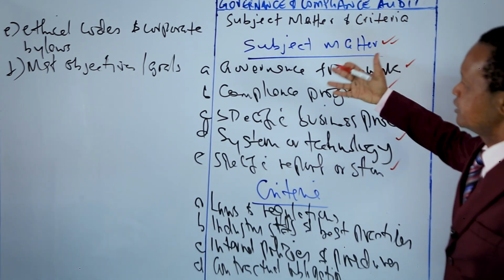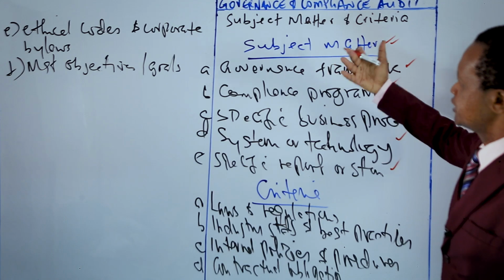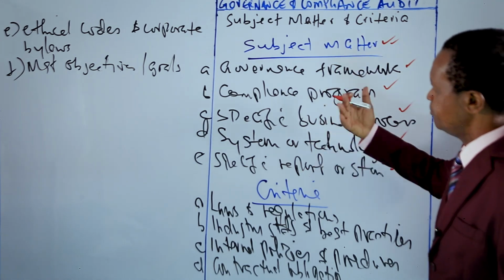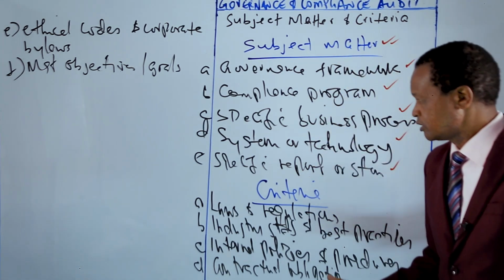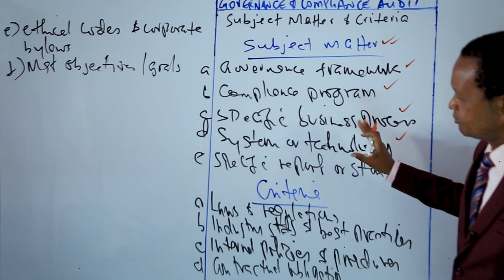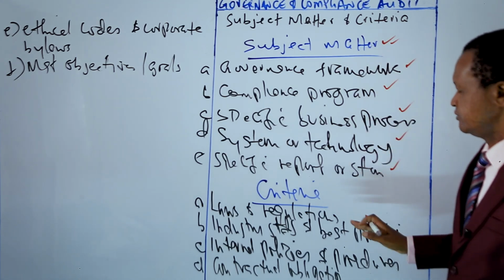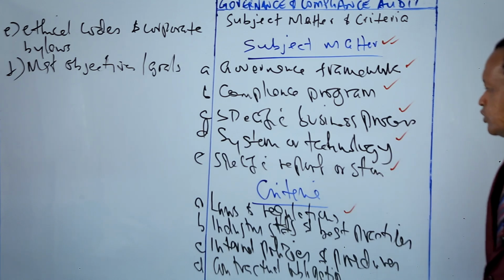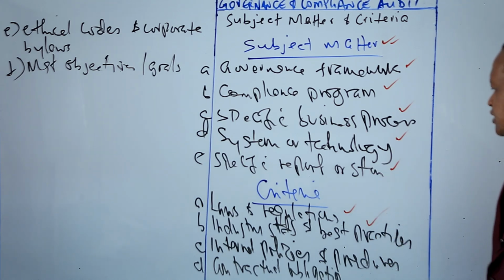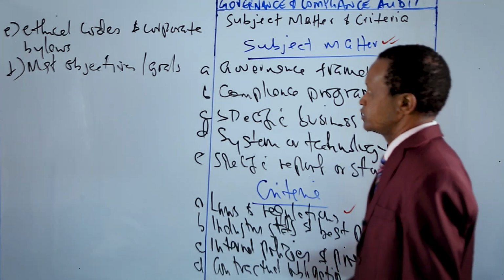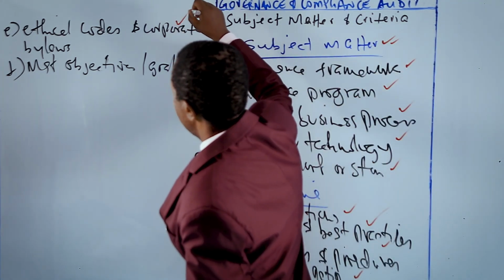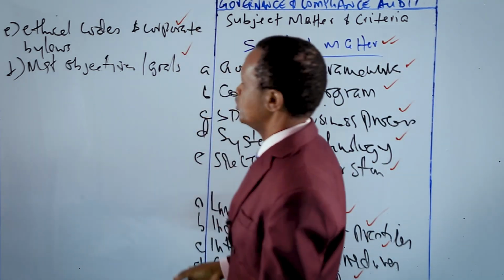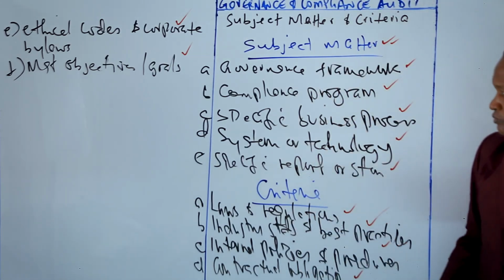This can be the subject matter or what is being audited. What is being audited or examined must have criteria, standards or benchmarks. These are laws and regulations, industry standards and best practices, internal policies and procedures, contractual obligations, ethical codes and corporate bylaws. We have also management objectives and goals.